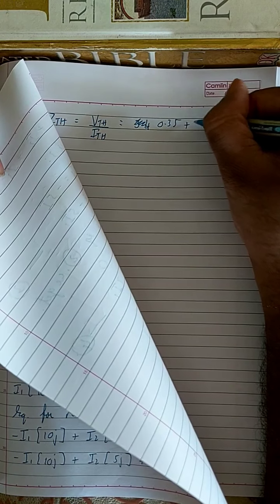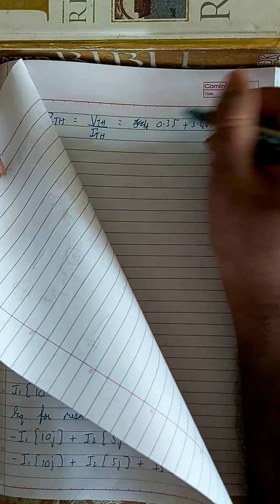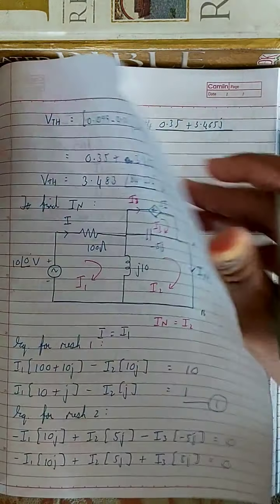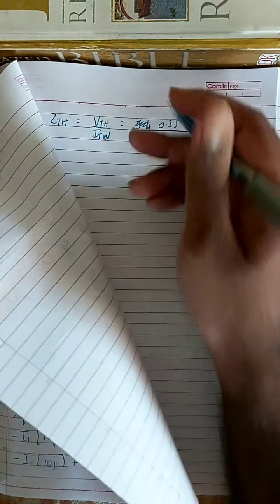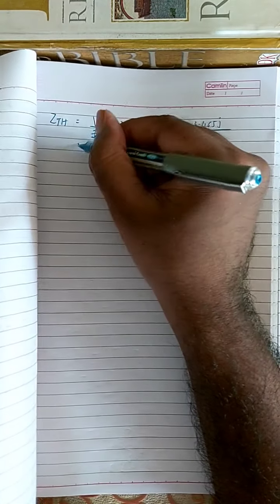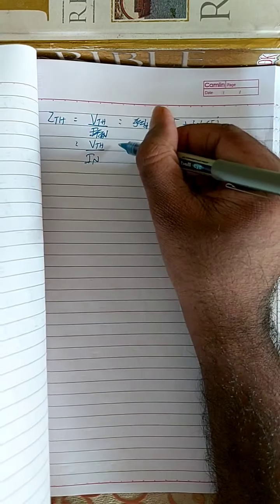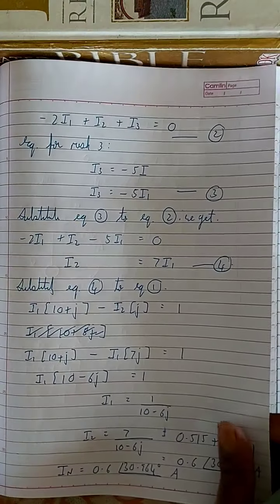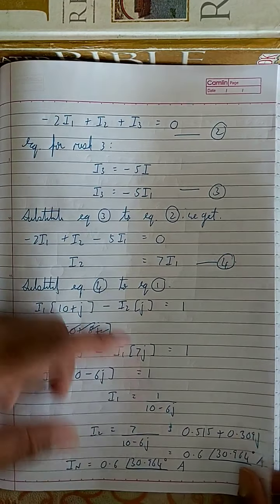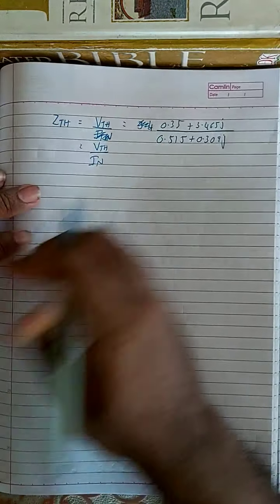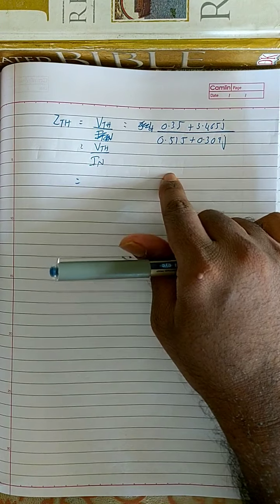It's not ITH, it's IN, right? And your IN is 0.515 plus 0.309j.